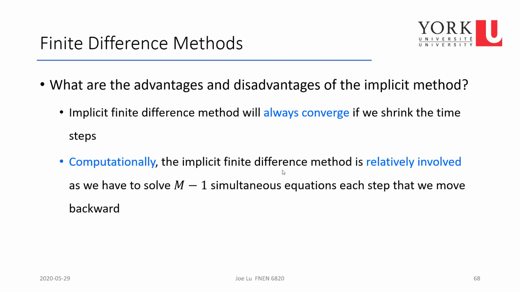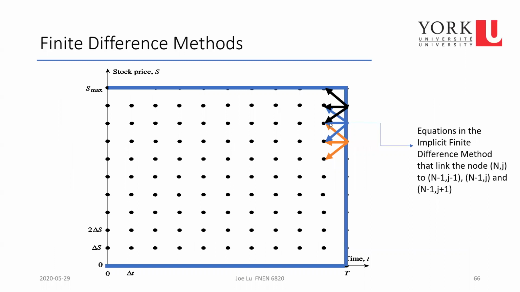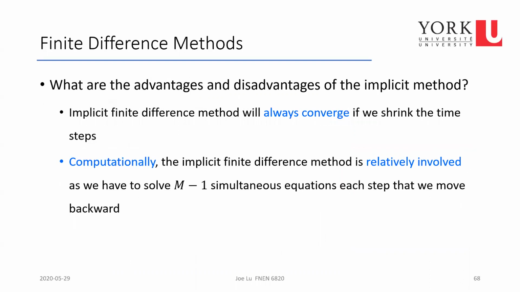Computationally, the finite difference method is relatively expensive because for each step, you have to solve a whole bunch of simultaneous equations. You have an m minus 1 set of equations you have to solve simultaneously, which is quite expensive to do numerically. So it's computationally more involved. That is a drawback. The advantage is the guarantee of convergence. You can shrink the steps.